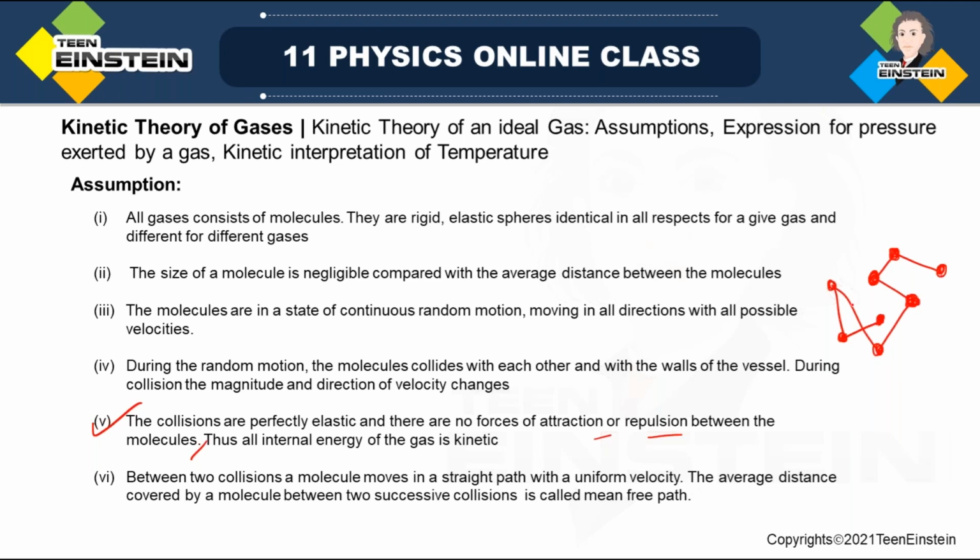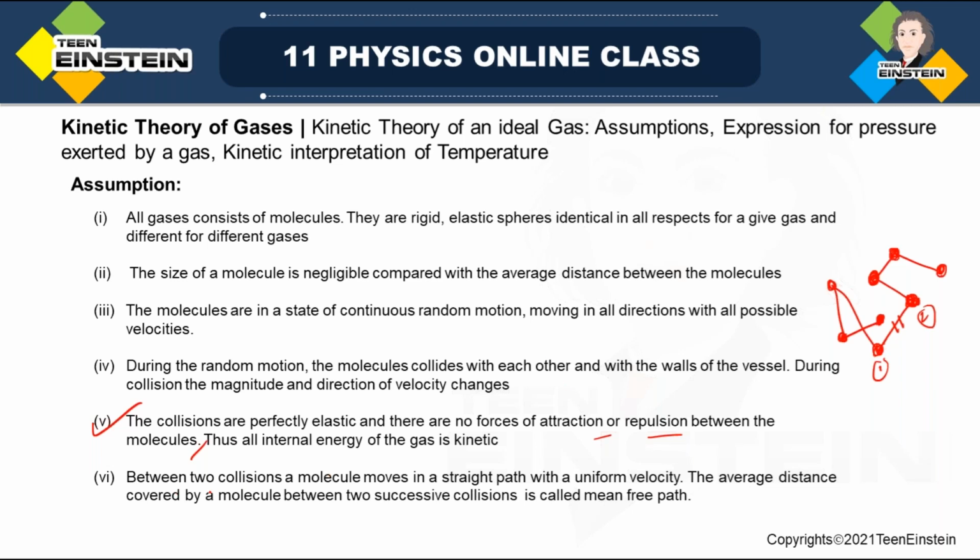Okay, so between two successive collisions, actually they are moving in a straight line. Suppose these are two collisions, first collision, second collision happens, and this line joining them is actually called the mean free path.